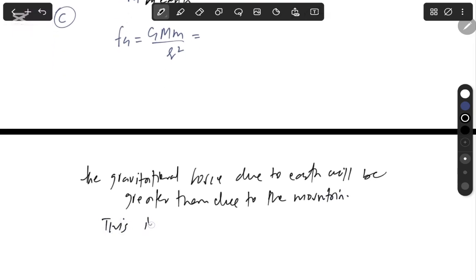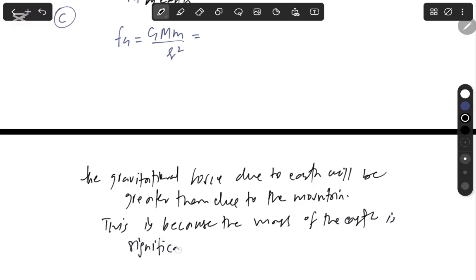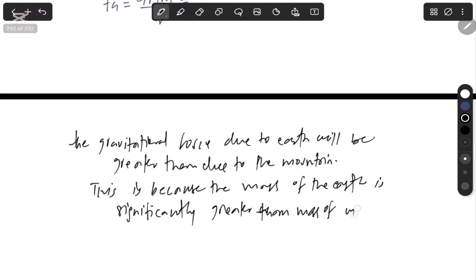This is because the mass of the Earth is significantly greater than the mass of the mountain.